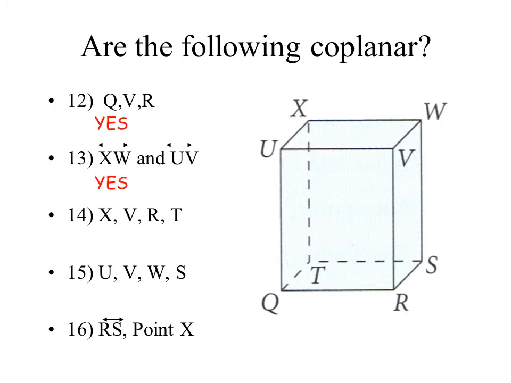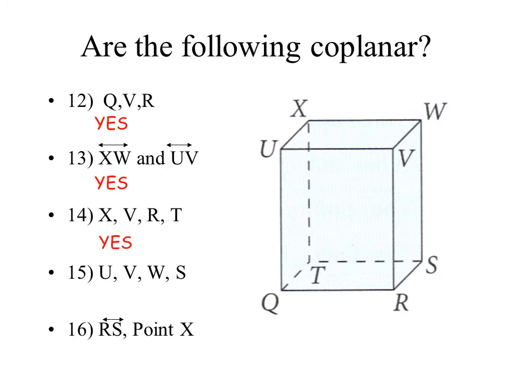Let's look at points X, V, R, and T. So X, V, R, and T, again, this is one of those examples where XV is a line, TR is a line, and I could slip a piece of paper kind of diagonally through those. So yes, those would also be coplanar.